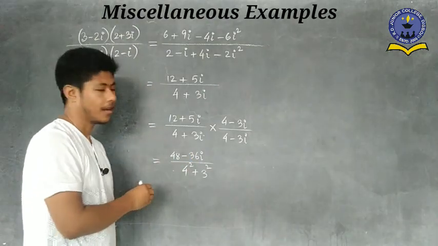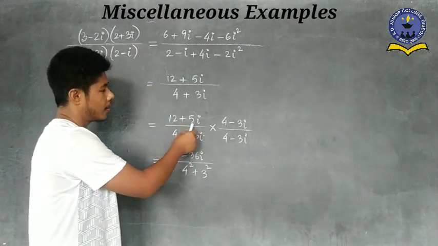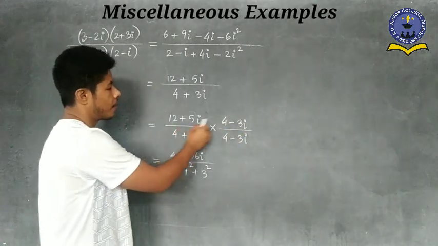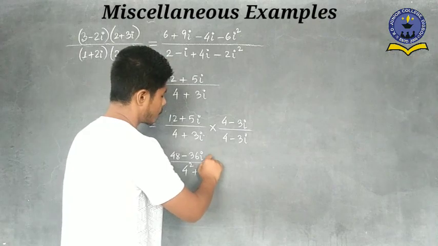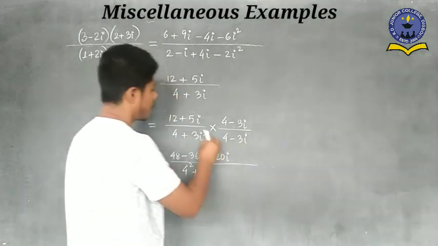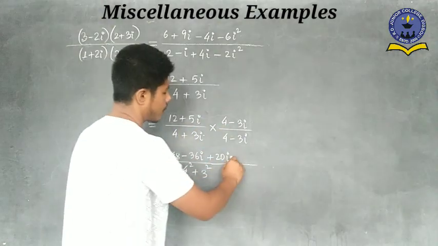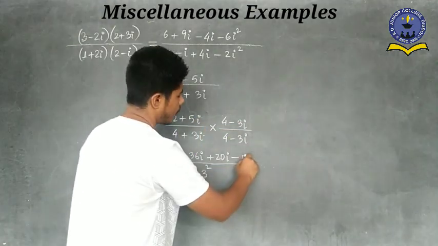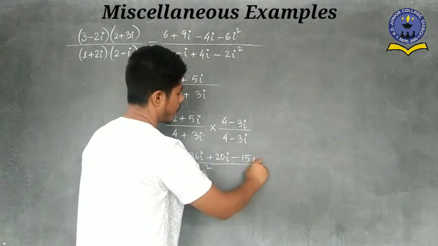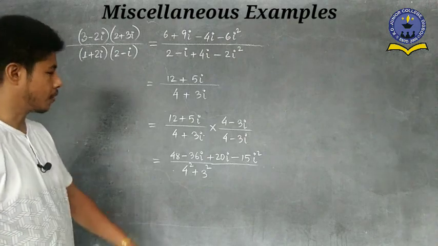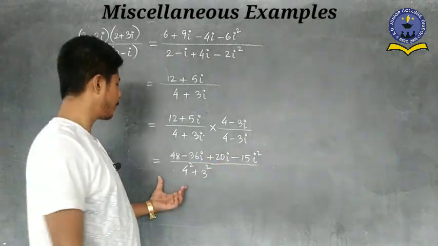Next we multiply 5i with the whole part: 5 into 4 gives plus 20i. Then minus minus plus, 5 threes are 15, and then i into i is i squared. Is it clear? So easily we can calculate this type of result.